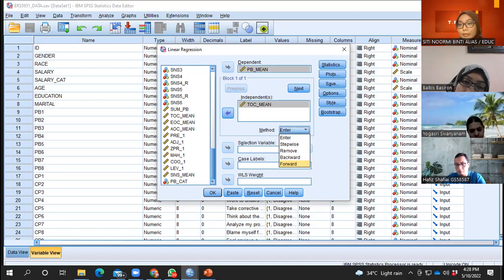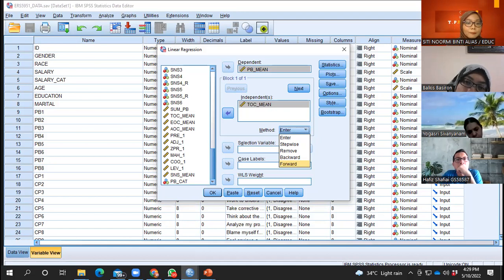For the Remove method, variables in a block are removed in one step. We remove a variable if it does not have a significant influence on our DV, and the system will automatically remove it.